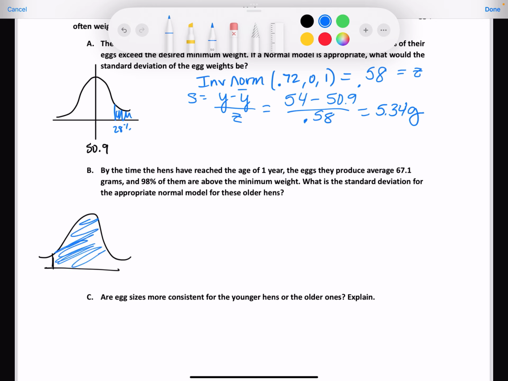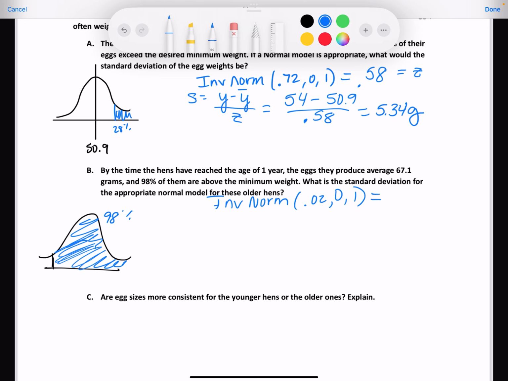So 98%, okay, are above the weight. So we're going to do the same thing. We're going to do inv norm of 0.02, because that's the left side. If you're going to just do left, then you need to put in 0.02. If you're content with having to click right, then you can put in 0.98. So 0.02, 0, and 1.